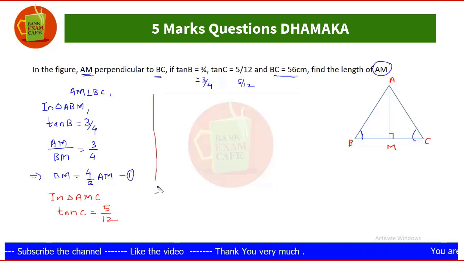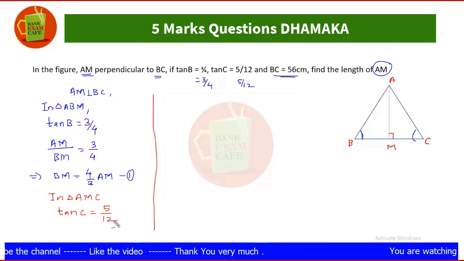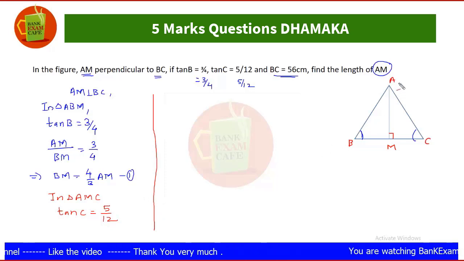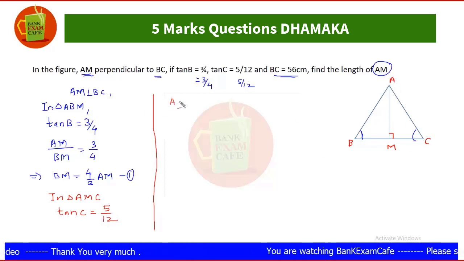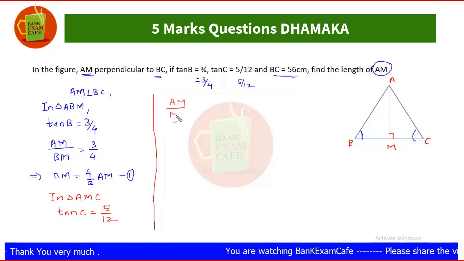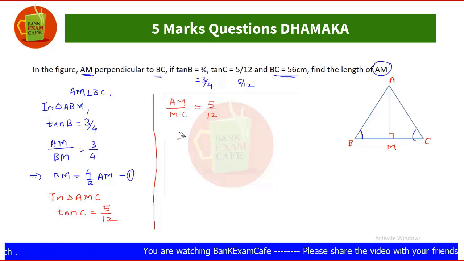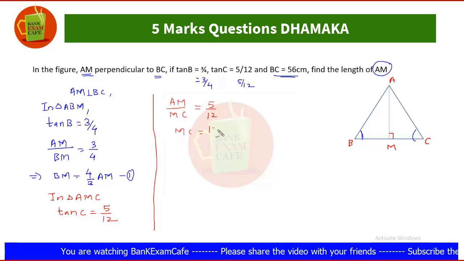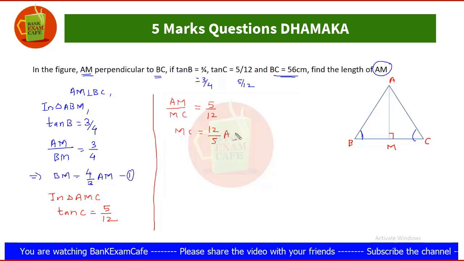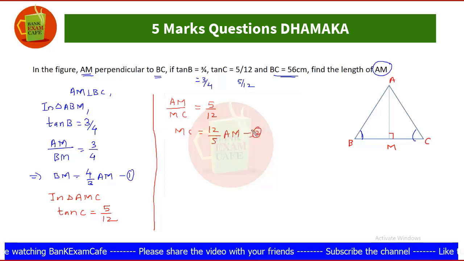So tan C is equal to 5 by 12, that is AM upon MC, which is equal to 5 by 12, and therefore MC is equal to 12 by 5 AM. Let this be number 2.